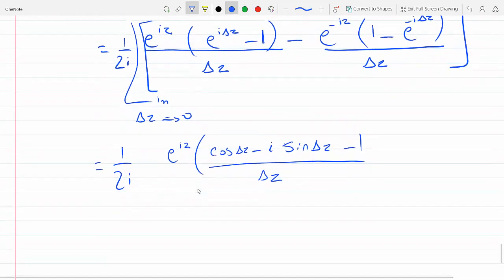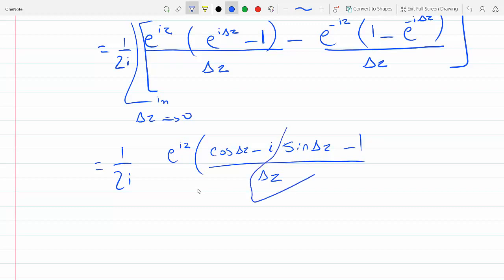Yeah, now it works, because what's the limit of this as delta z goes to 0? 1. This is sine u over u.